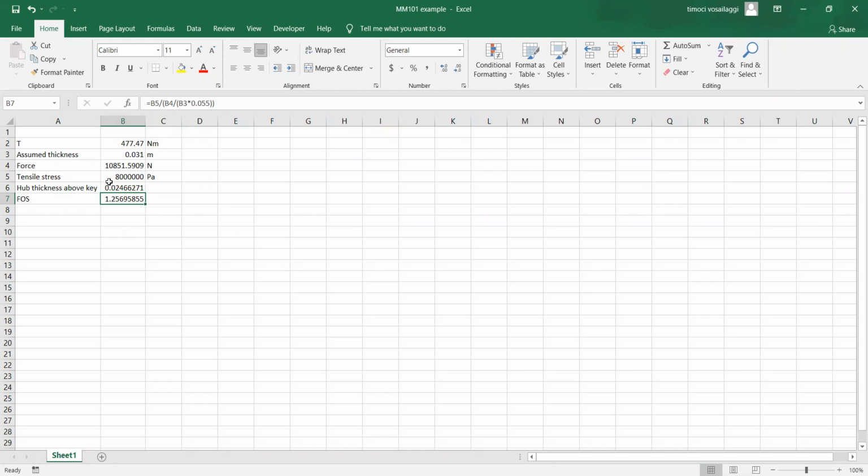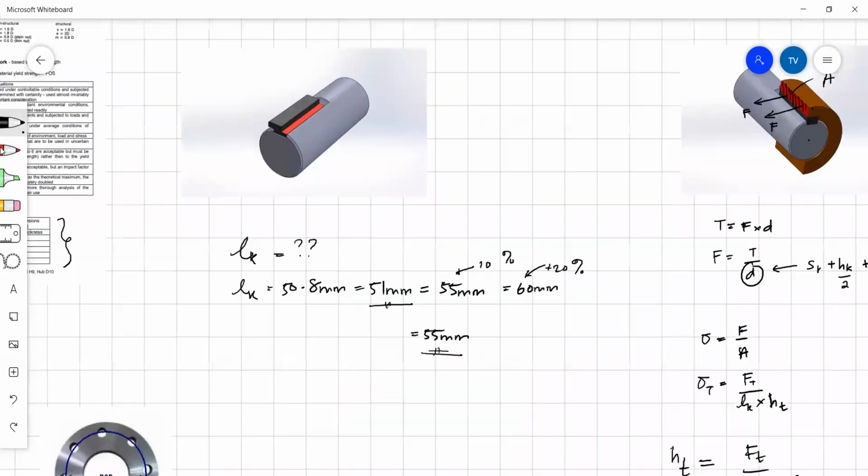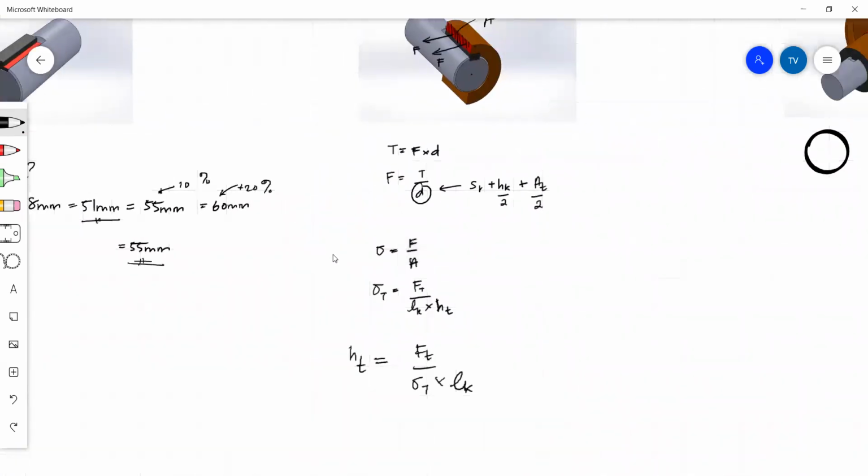And at the end of this whole thing, we now know that our ideal thickness is 31 millimeters. So hub thickness, 31 millimeters. And once you settle on an ideal hub thickness, that's the end of your hub analysis.